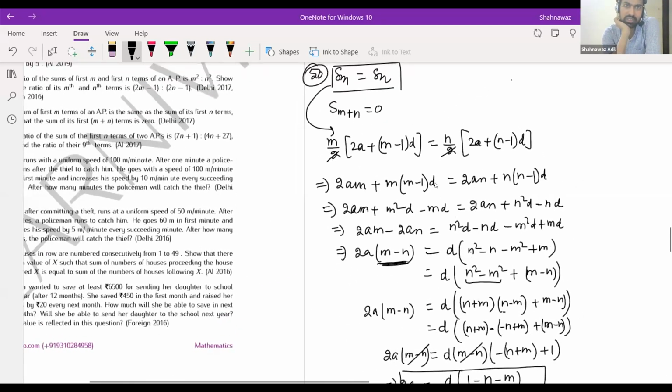Any doubt, guys? No, sir. Okay, Tejasvi, you also did this problem. I guess the method I used is not correct.